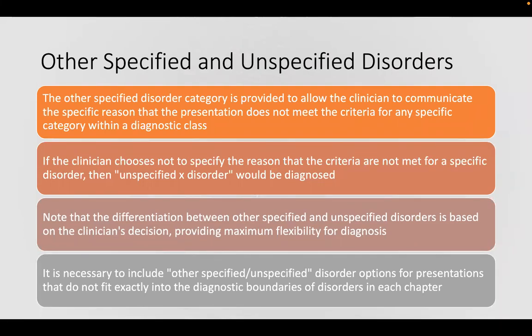Within the DSM-5, every single diagnosis has the option for an other specified and unspecified kind of qualifier. The other specified is provided to allow you to communicate the reason why you chose this diagnosis and did a differential diagnosis of this, and why it does not meet the criteria for any other category within a diagnostic class.